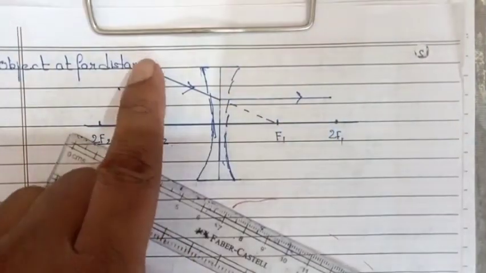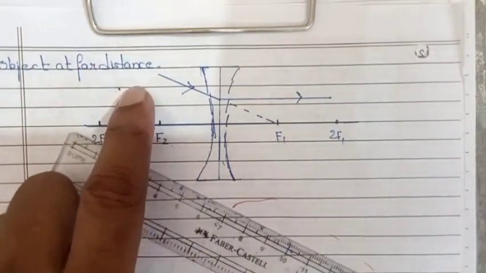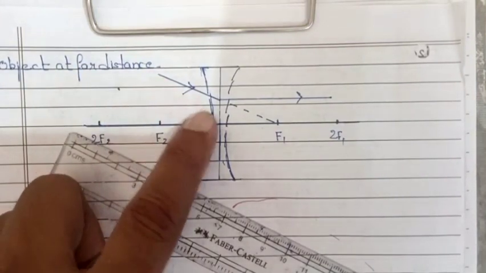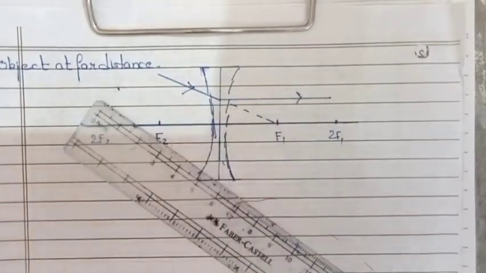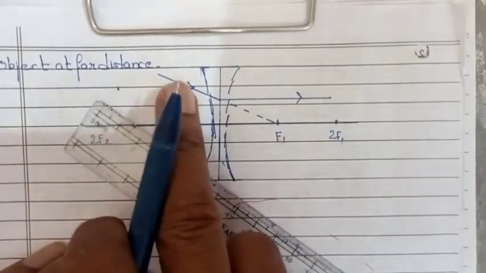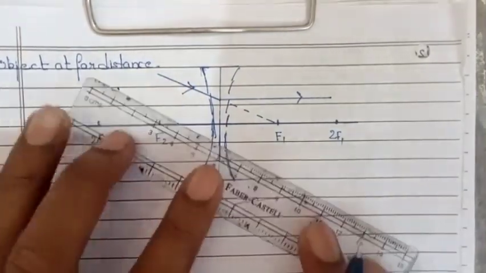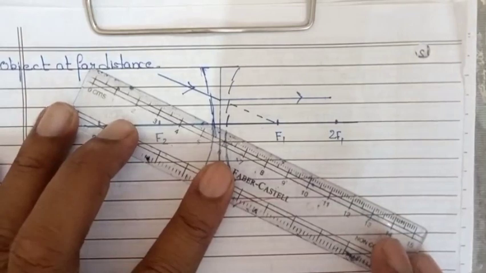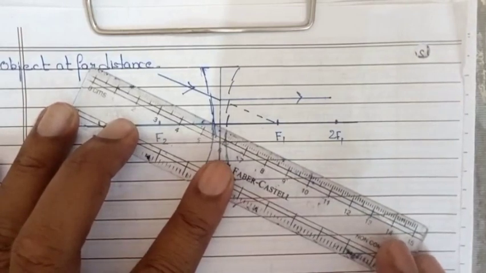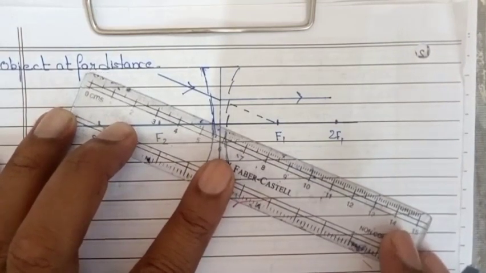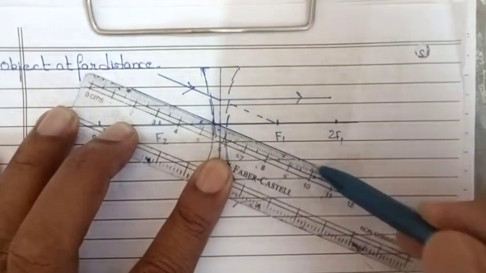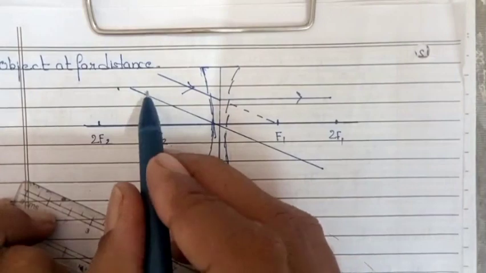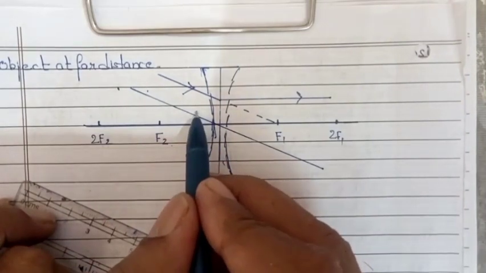So we have considered one ray coming from the far distance, directed towards the focus, so it will go parallel to the principal axis. Now let us consider the second ray. The second ray will be coming parallel to the first one. Let this ray be directed towards the optical center. This ray directed towards the optical center will pass undeviated. So we have considered these two rays.